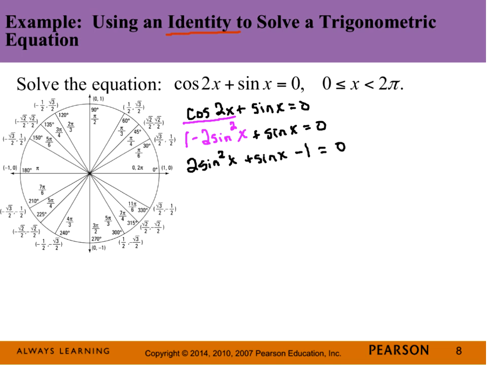So this would be like having 2x squared plus x minus 1. If I multiply 2 and negative 1, I get negative 2. And the factors that multiply to make negative 2 but add to make positive 1 are 2 and negative 1.